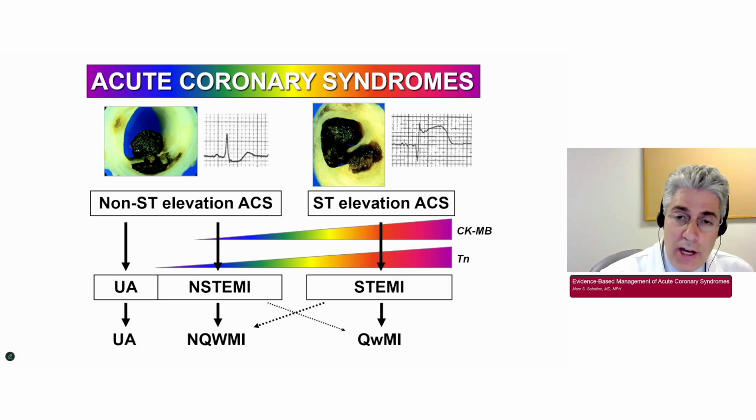But what we really care about is whether the artery is occluded or not. Q waves don't develop until hours later. If that artery is occluded, we need to act immediately. And so we segment patients on the basis of the ST segments, whether they're elevated or not, rather than on the basis of Q waves.